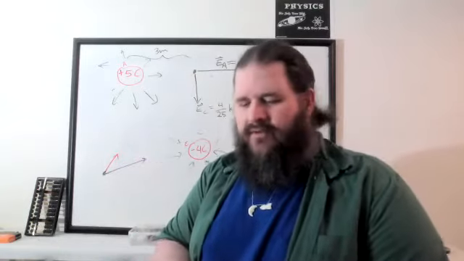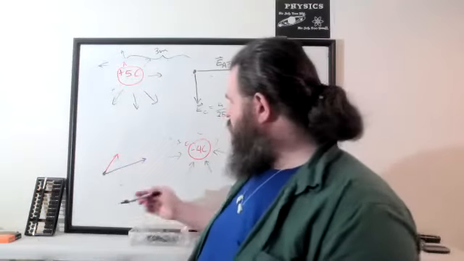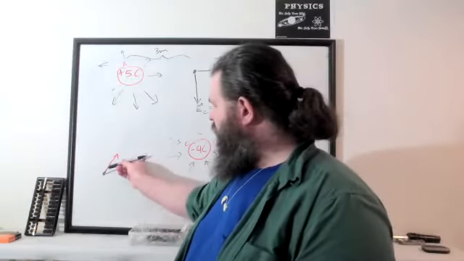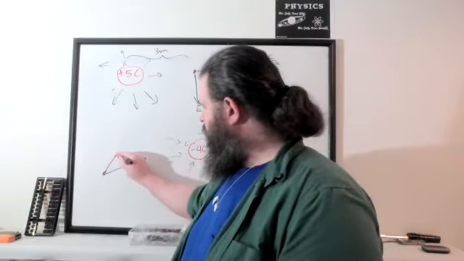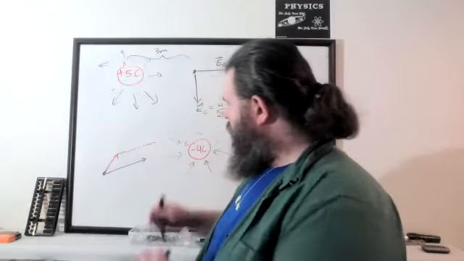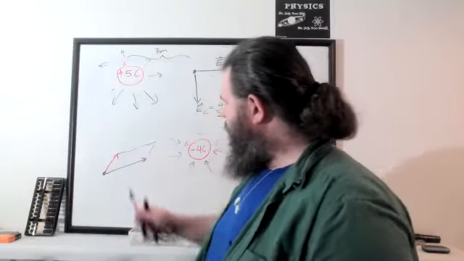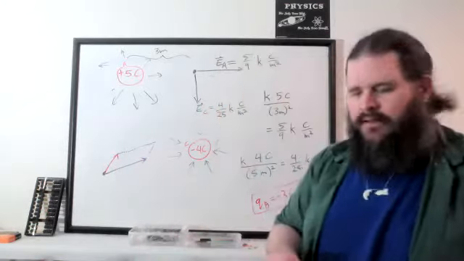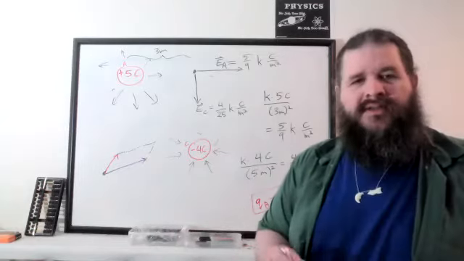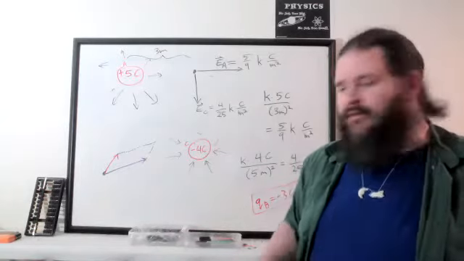Normally you'd add vectors head to tail. But we could just imagine taking this vector and sliding it up to here, making a parallel, or taking this vector and sliding it over to here, making another parallel. That forms a parallelogram. And how would you draw in the sum of those vectors using that parallelogram?